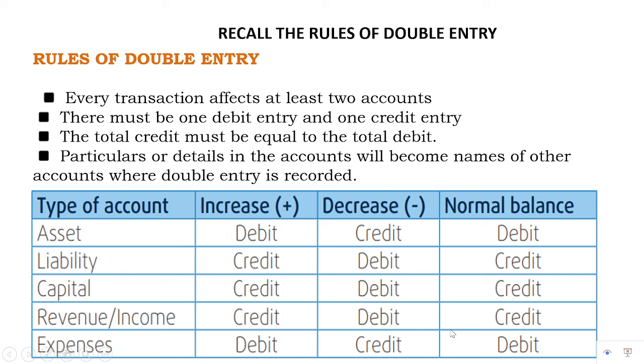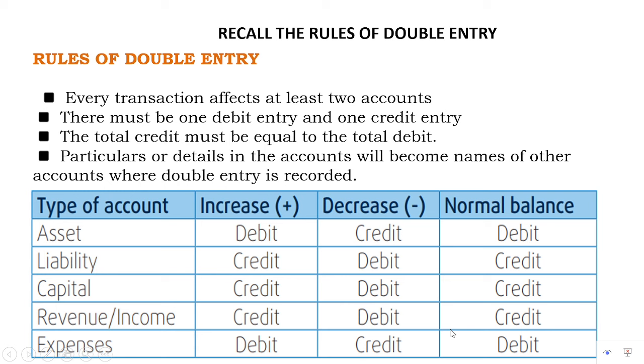You will have the triple effect. There must be at least one debit entry and one credit entry. But for the double entry, as the term double suggests, for every debit entry there should be a corresponding credit entry.